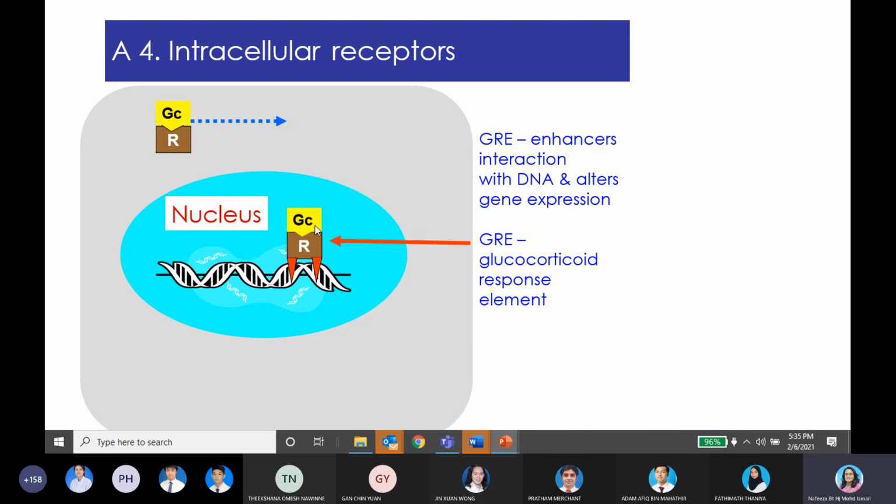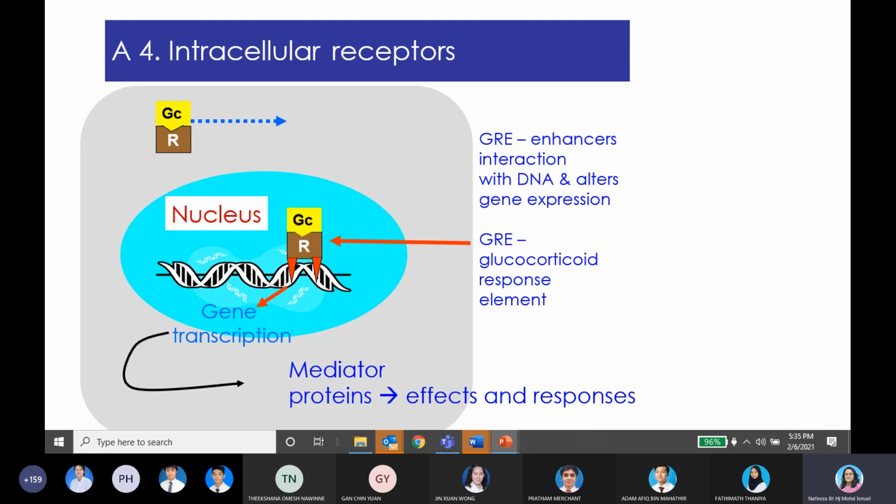So when the glucocorticoid response element comes into the nucleus, it attaches itself very well to a certain part of the nucleus, and this will cause gene transcription. There you go. And what does gene transcription do? It also causes synthesis of new proteins.